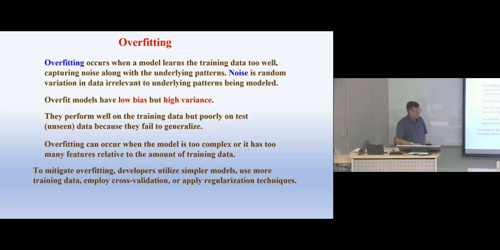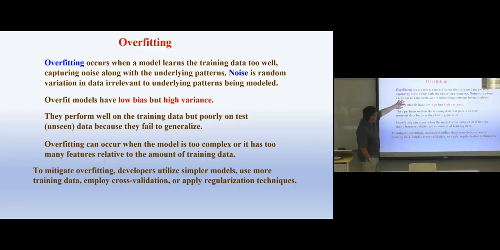All right. Now, back to overfitting. We all now know that your model learns the training data too well. It captures, in other words, it's memorized the training data, so it captures the variance right along with the pattern. Okay? This variation, in most cases, is irrelevant to the underlying patterns, so this is when you get overfitting. It doesn't generalize to your test data.